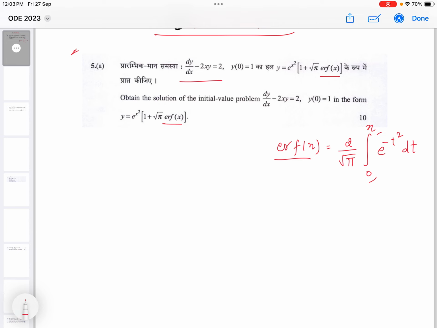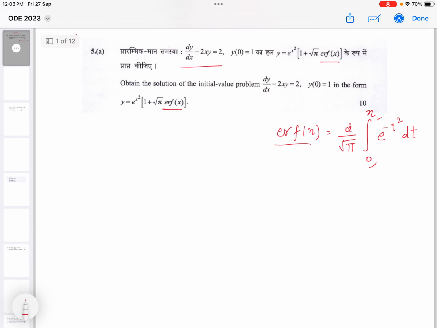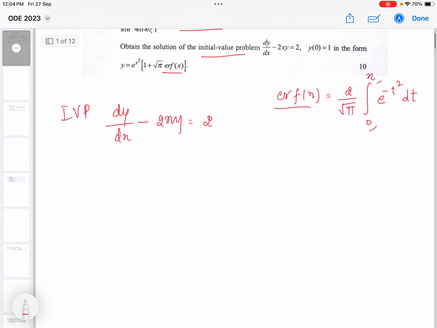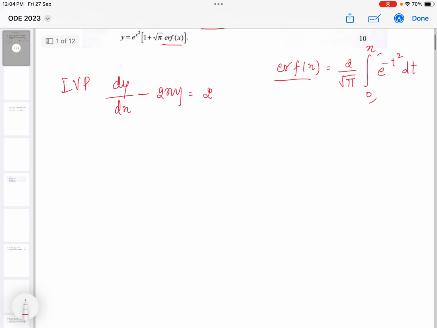So let's begin the problem. The given is the initial value problem: dy by dx plus 2xy equals 2x. We'll be solving this using an integrating factor. The integrating factor is e raised to the power integration of 2x dx, so it basically becomes e raised to the power x square.